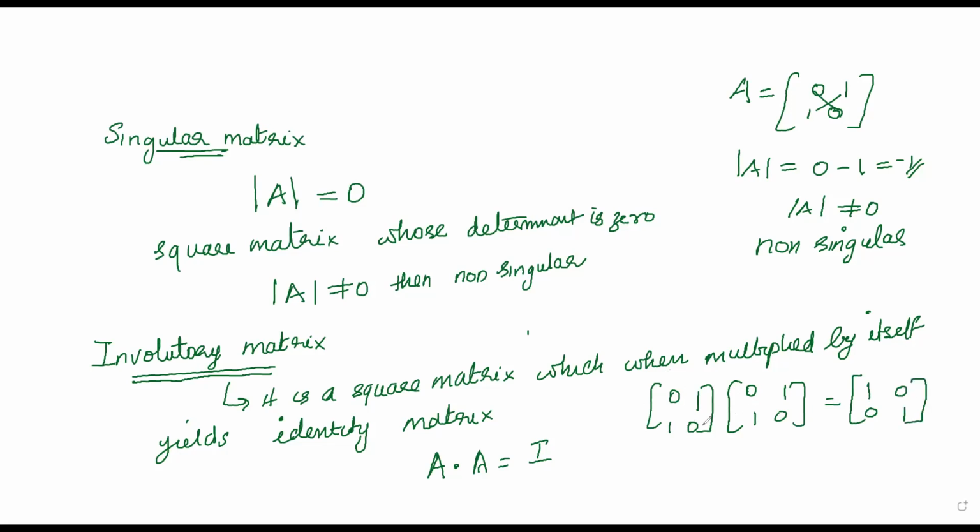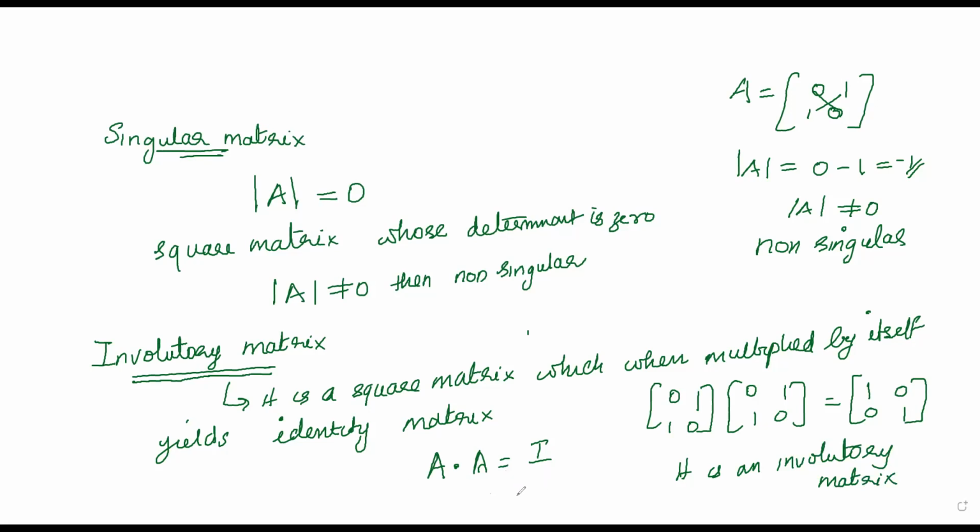So see here, A into A is equal to I. So it is an involutory matrix.